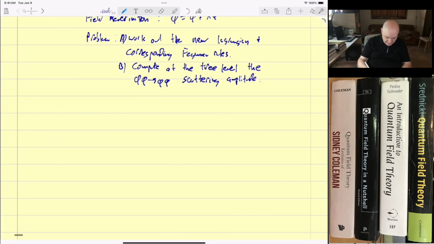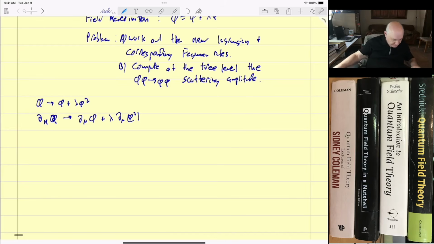Anyway, let's first start with, since we have phi goes to phi plus lambda phi squared, let's just work out what partial mu phi goes to: the partial of mu phi plus lambda, the partial of mu phi squared.